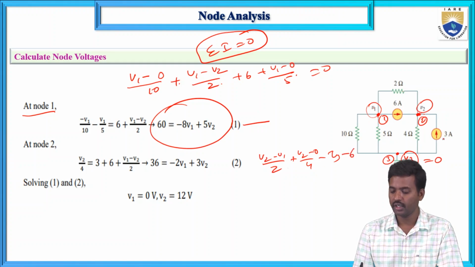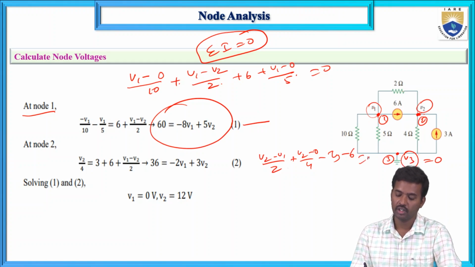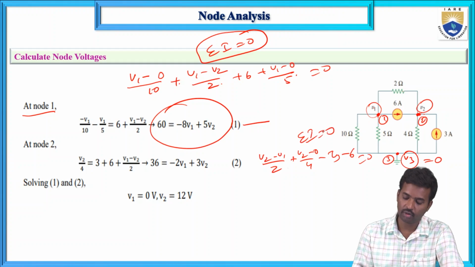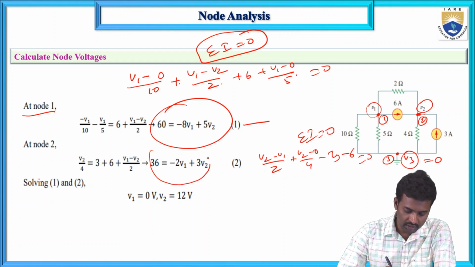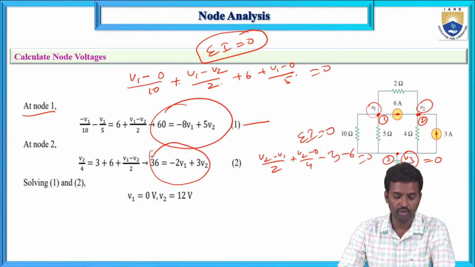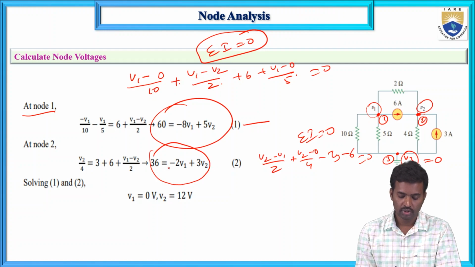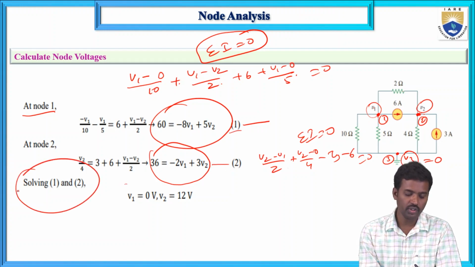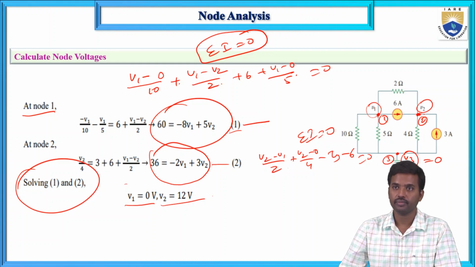So these 3 are entering, minus 6 and minus 3 are entering, LHS side minus. So algebraic sum of currents at a node equals 0. Now if you simplify this one, minus 2V1 plus 3V2 equals 36. That is equation number 1 and equation number 2. By solving these 1 and 2, you will get the values: V1 equals 0 and V2 equals 12 volts.